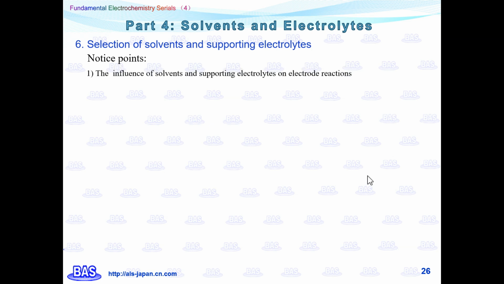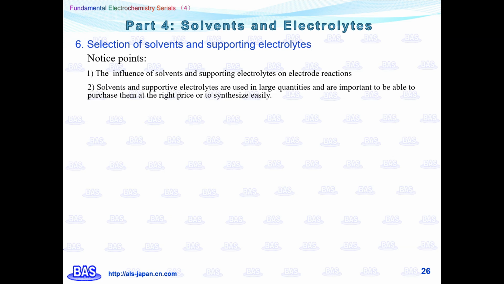Previously, we have discussed the various properties of solvents and supporting electrolytes and their influence on electroreactions. In addition to these effects, other important conditions need to be considered in order to select a suitable solvent and supporting electrolyte for the purpose of the reaction. Since solvent and supporting electrolytes are used in large quantities, it is very important to be able to purchase them at a suitable price or to easily synthesize them.